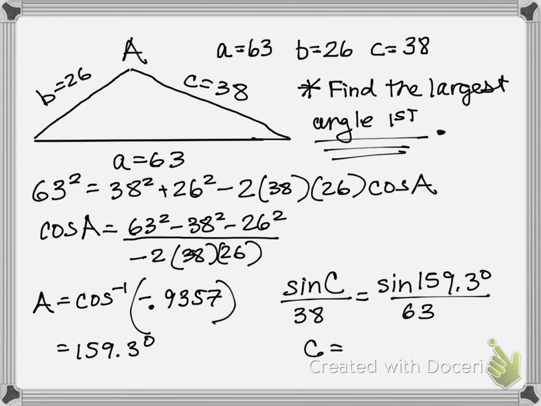And then I'll just do that calculator key-in and get that angle. I get 12.3 degrees. And of course, filling in here, I've got 159.3 degrees, angle C is 12.3 degrees. And then I can find angle B by the rule of 180. 180, subtract, and I get 8.4 degrees.